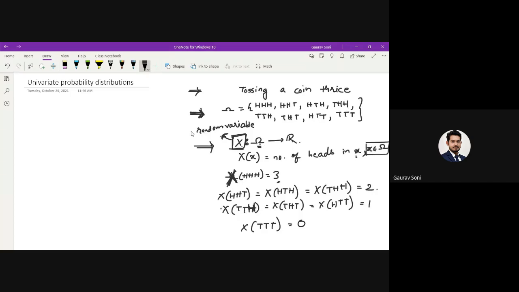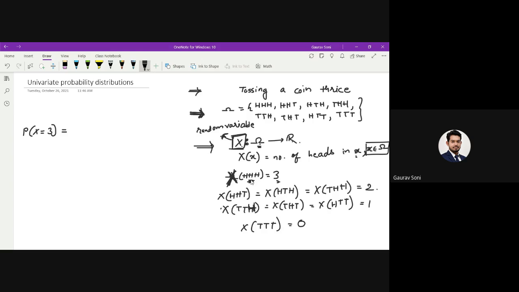Now, what is the use of this? Now, what I'll do is I'll find out the probability of X equal to 3, say. For which points do you have the value of X as 3? HHH.